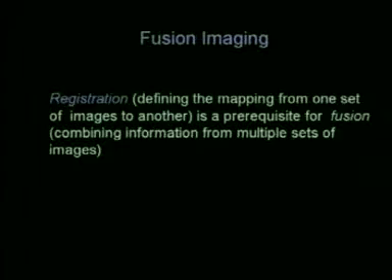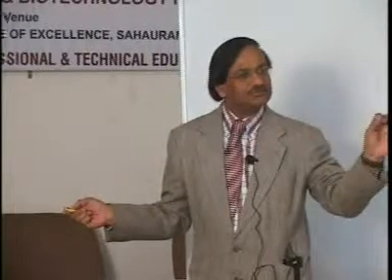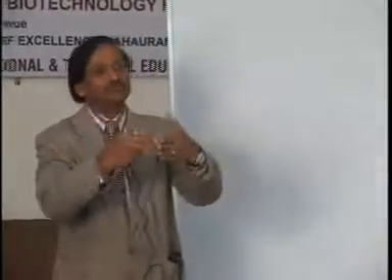Next. What registration means is the prerequisite. If you want to do fusion imaging, you must have that registration. By registration I mean that when you have one data set versus another data set, one will recognize the other by some commonly identified thing. Like if there is a name, by name you are analyzing the two data sets. This is what is called registration.